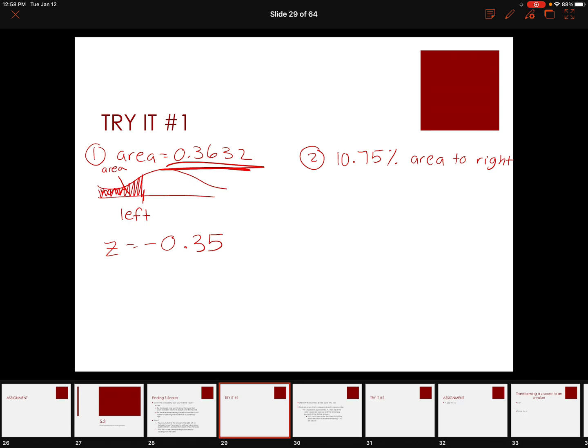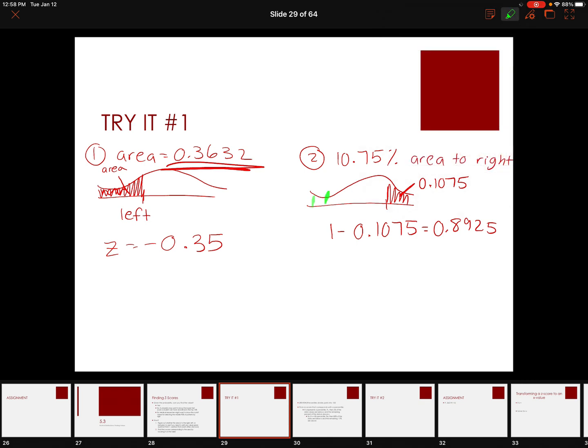Number 2 says 10.75% of its area to the right. So if I were to draw this out, they want this part to be 0.1075. So since it's to the right, I'm going to have to subtract it from 1 to get 0.8925.